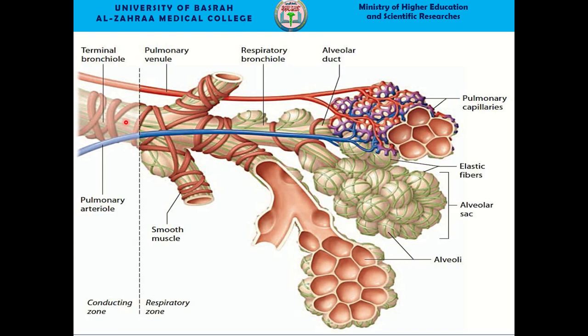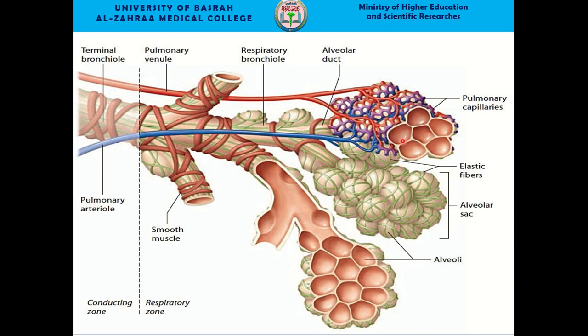The terminal bronchiole will end up into respiratory bronchiole and then alveolar duct, and finally it will end up with this alveolar sac that contains many alveoli. And this alveolar sac is surrounded by a network of pulmonary capillaries. So the oxygen will be freely diffused from the alveoli into the blood of the pulmonary capillaries.